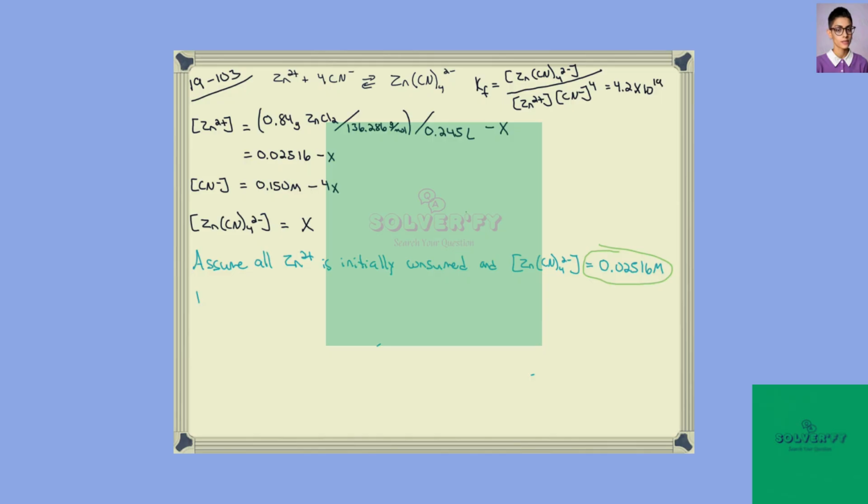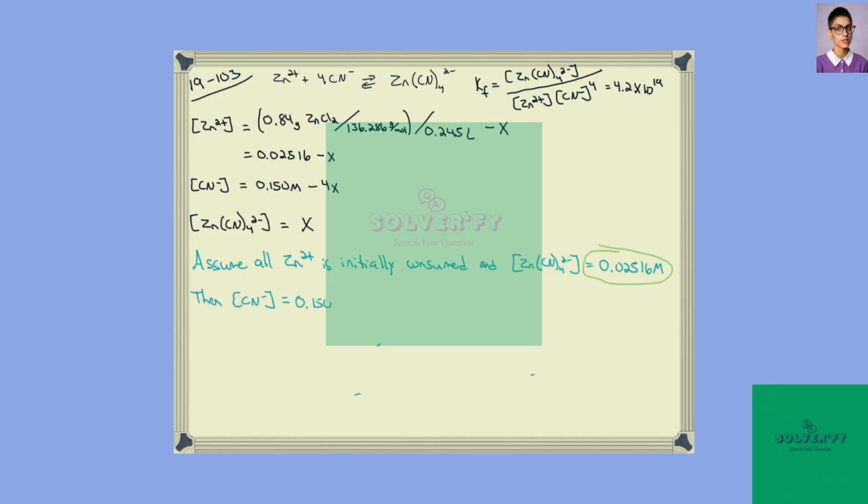We will assume that once equilibrium has been reached, all of our zinc has become the complex ion, so now the complex ion at equilibrium has the concentration that zinc had before equilibrium was reached.